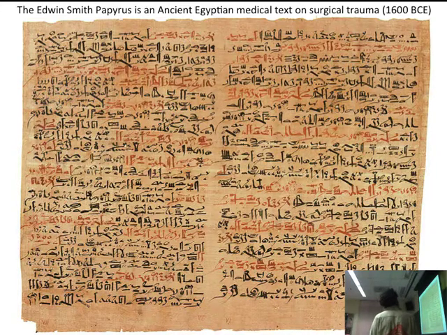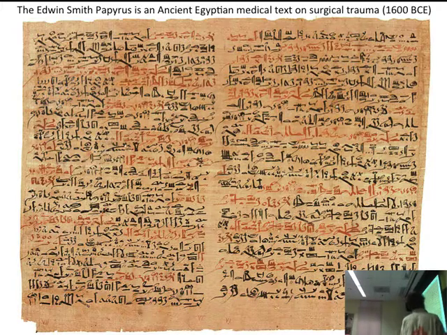Here is a copy of the Edwin Smith Papyrus. It is widely believed to be the oldest medical text. It was ancient Egyptian. This is almost 4,000 years old. So quite ancient.